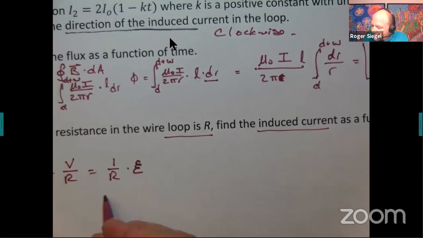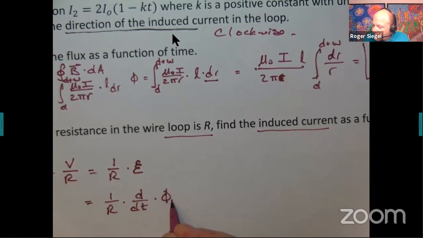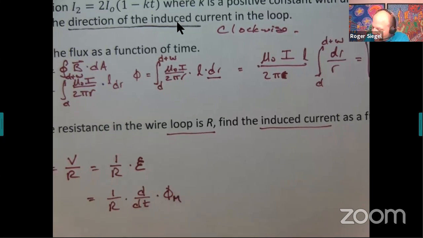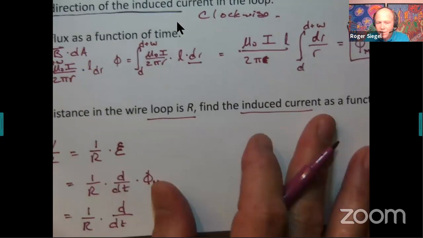Now, that can be written as 1 over R times d dt of phi magnetic, the time rate of change of the magnetic flux gives me the voltage or the EMF. So I'm going to write that one more time, 1 over R, and then I'm going to write d dt, and I'm going to rewrite everything that I wrote up here for the flux, okay?